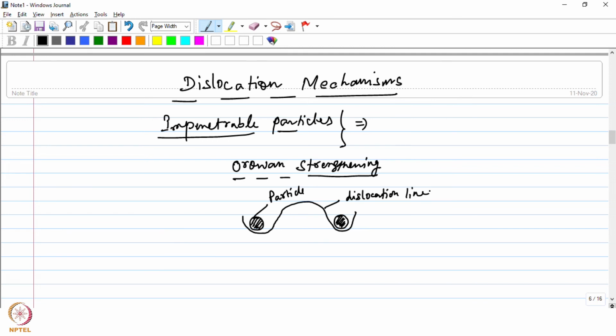And here the strengthening is given by this particular equation, where G is the shear modulus, b is the Burgers vector of the dislocation, and lambda is the spacing between the particles, or the interparticle spacing.